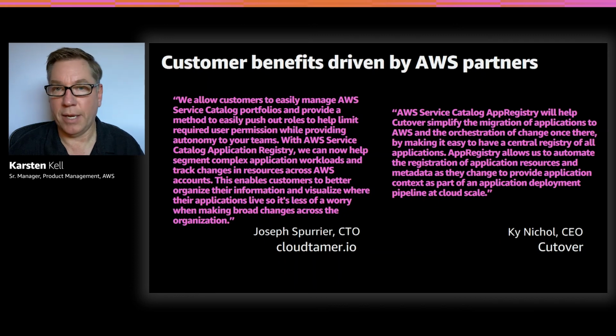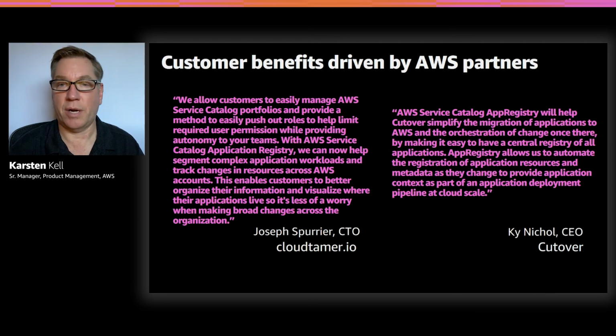They will add metadata like who owns the application, what the on-call rotation is for that, maybe the state of the application for migration. So a lot of different ways they see of being able to provide value to their customers by using AppRegistry.